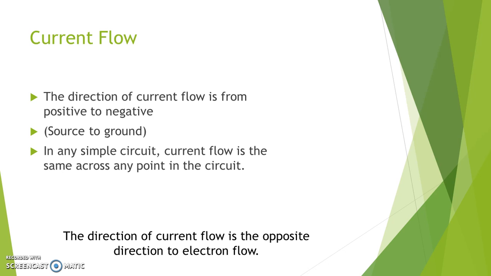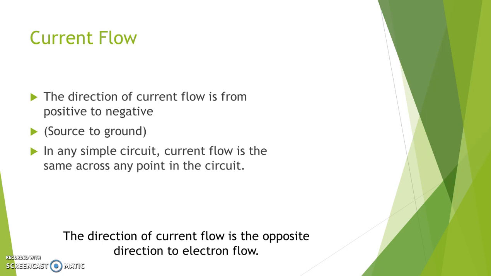And in that case, the current flow is the same across any point in the circuit. Remember that the electrons need to return to the battery after they flow through the circuit and give their power to whatever load is there. So the current, then, is the electrons per second. And so it has to be the same at any point in the circuit, or the electrons would accumulate. And this doesn't happen in a simple circuit.